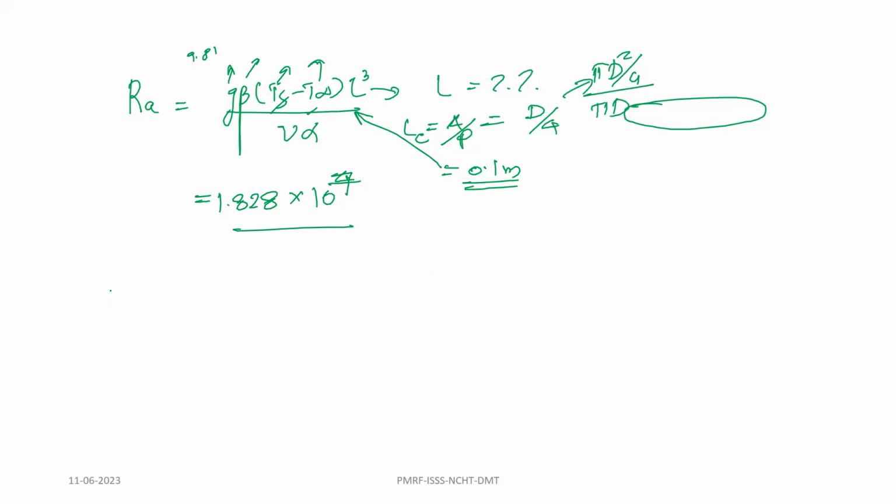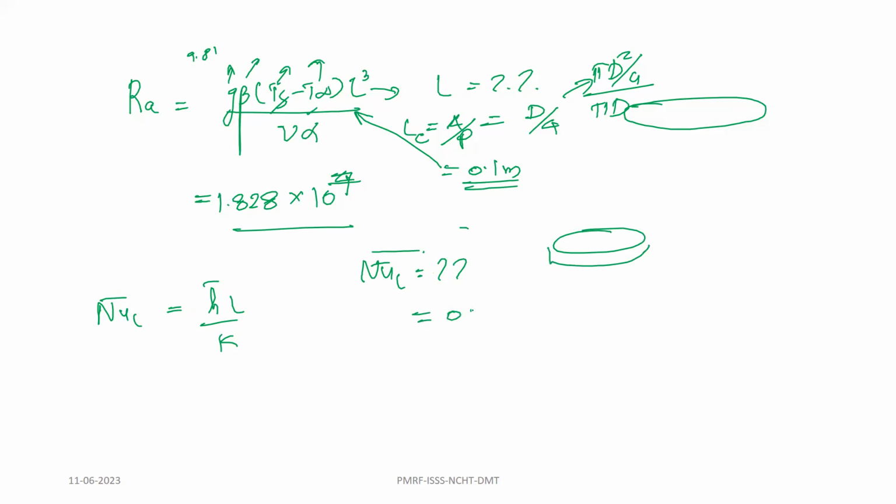Now we can calculate the average Nusselt number, which is equal to h bar L by K. But what Nusselt number correlation will we use? For a disk, you can obtain the correlation from the HMT book: 0.15 into Ra_L raised to 1 by 3.